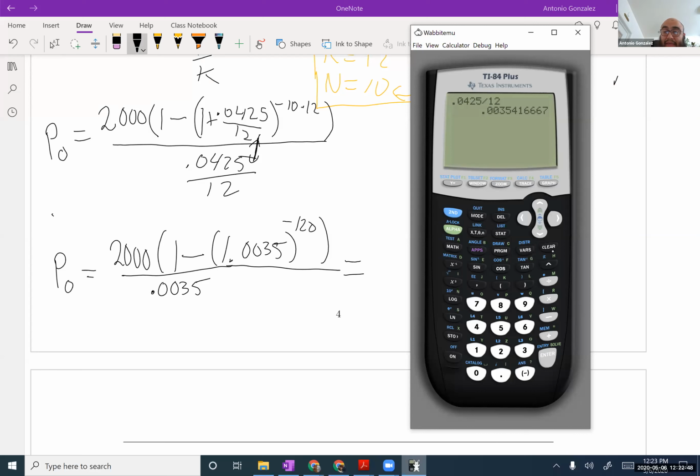I'll bring back my calculator, and let's do 1 minus 1.0035 raised to the negative 120, and then hit enter. Again, I'll take 4 place values, so we get 0.3425. Remember, that's the stuff inside the parentheses, the 1 minus 1.0035 to the negative 120. So we get 0.3425.